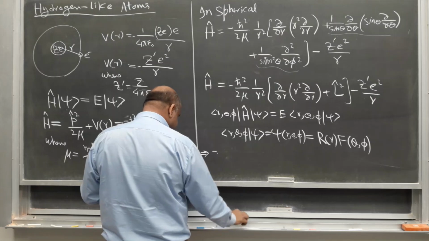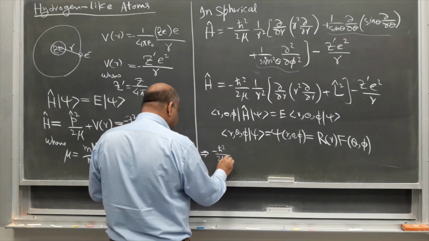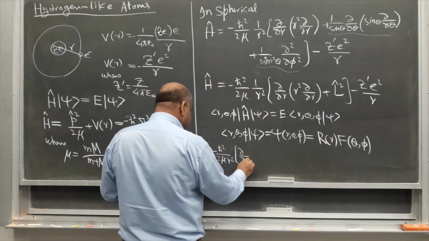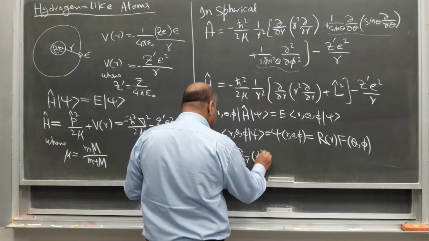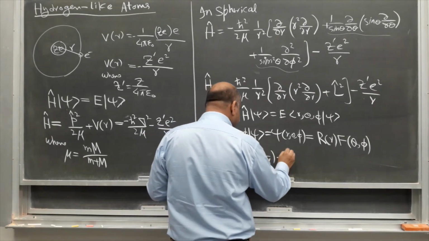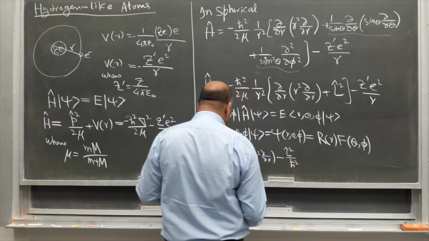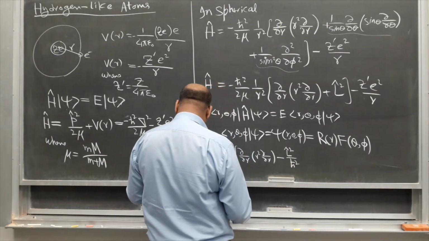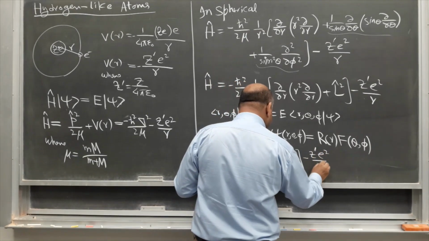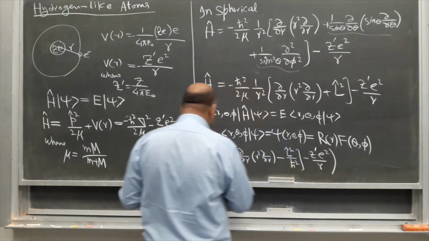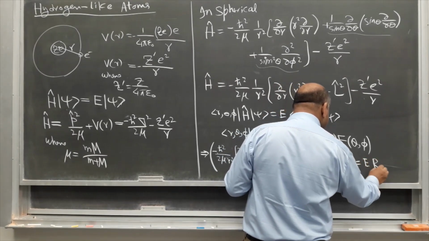Easily, minus h bar square over 2 mu r square, partial of r square partial R by partial r, minus L square over h bar square, minus z prime e square over r, and all of this operating on f, and on the right side I have E f.